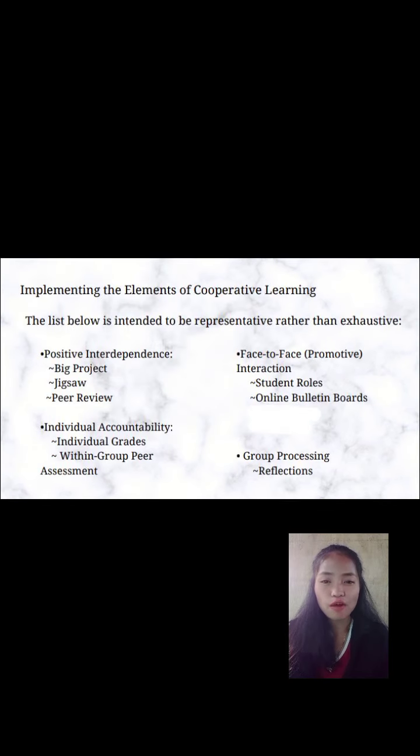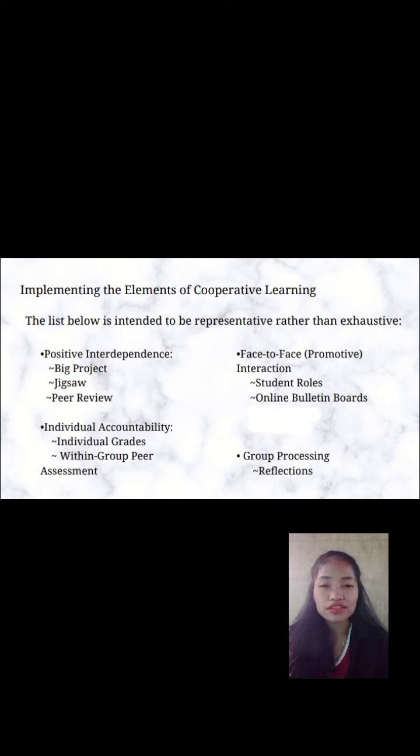Implementing the elements of cooperative learning. There are a variety of techniques that can be used to promote one or more of the elements of effective cooperative learning groups. The list below is intended to be representative rather than exhaustive. First is the positive interdependence. Some parts of these are big project, jigsaw, and peer review. Next is the individual accountability.